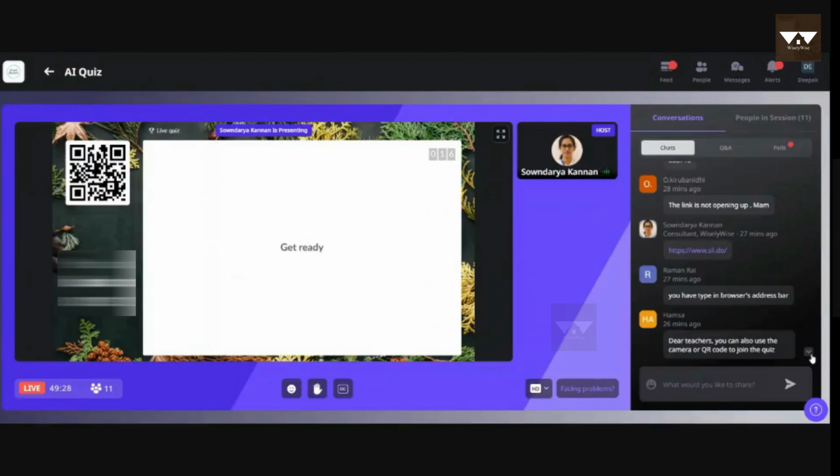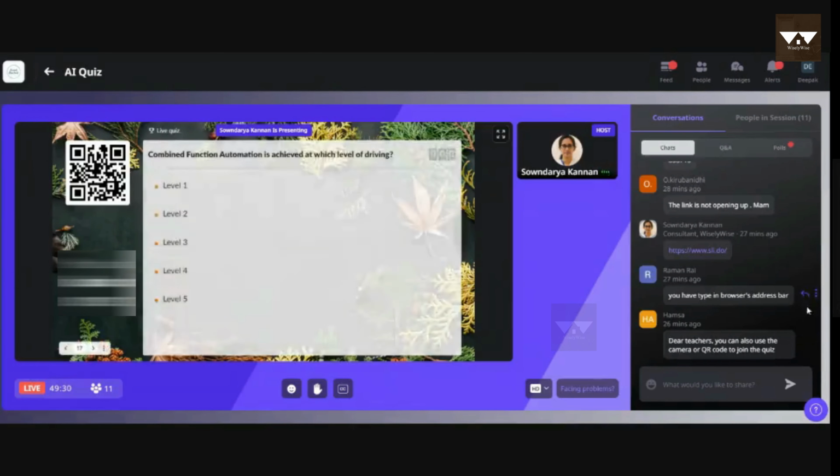Get ready to see the question. Combined function automation is achieved at which level of driving? The options have all 5 levels. 0 is left out, so I think one option is out. So from 1 to 5, we can choose one right answer.